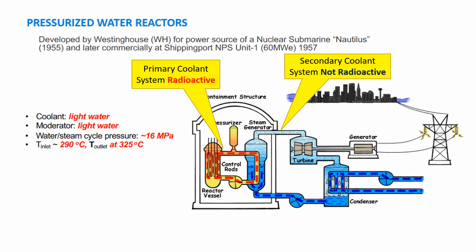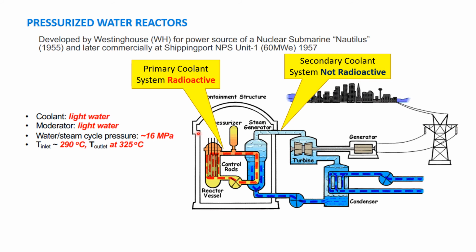Your pressurized water reactors were developed by Westinghouse as a power source for nuclear submarines in 1955, and later commercially at the Shippingport PS Unit 1 with 600 megawatts electric of energy in 1957. Again, the primary coolant is light water, and the primary coolant of the system is radioactive.